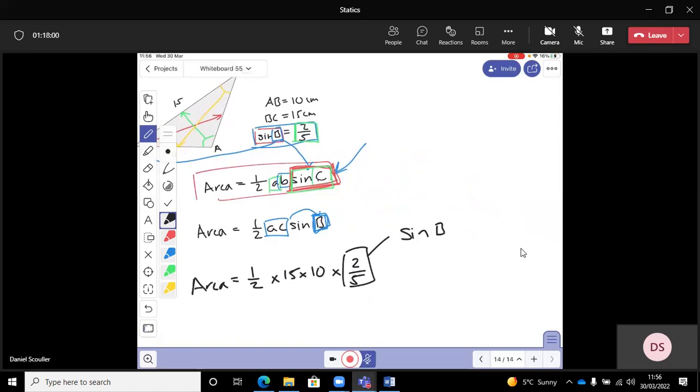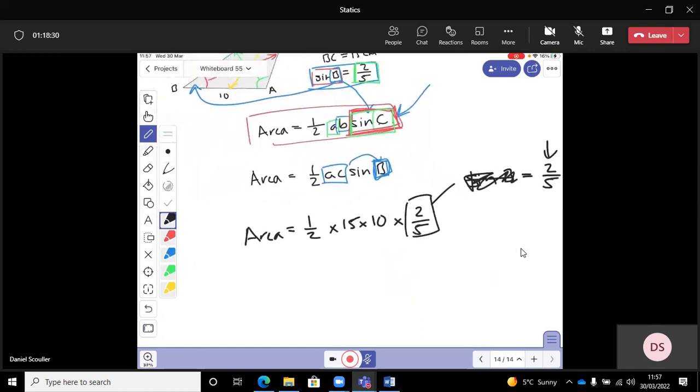Sine of the angle, and I've used the letter B, is equal to 2 over 5. So you remove that whole term and substitute in 2 over 5. Remember this is a non-calculator paper, so you're not going to have to do sine of a fraction in your head. You can't do it. So you need to remove that whole term and substitute in 2 over 5. This we can do.